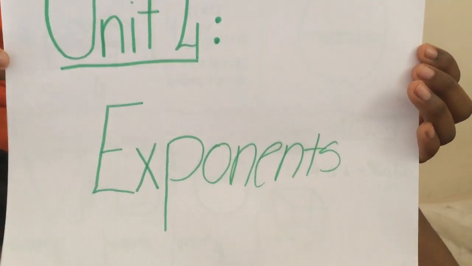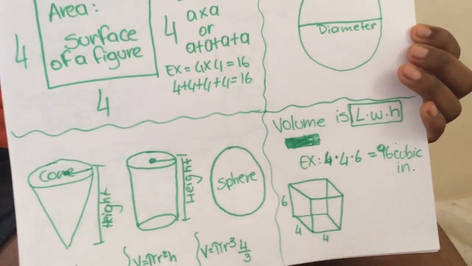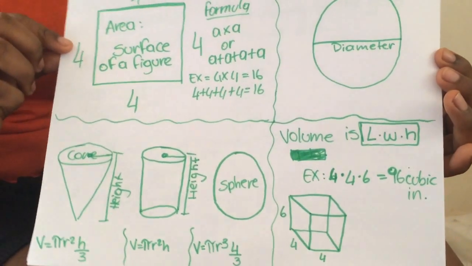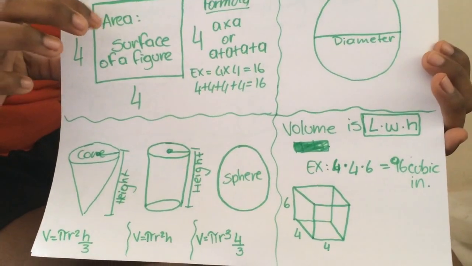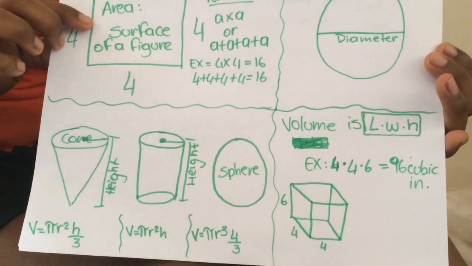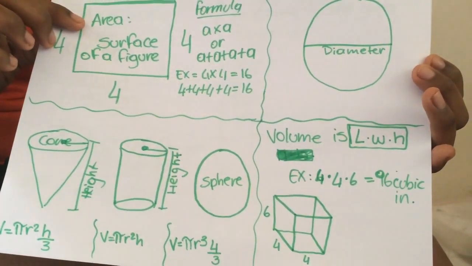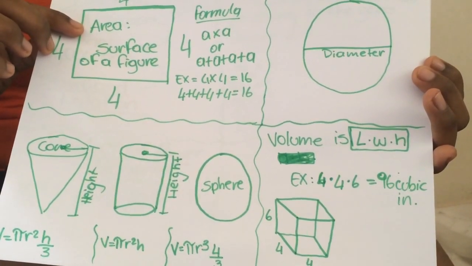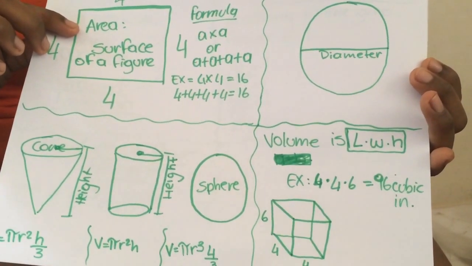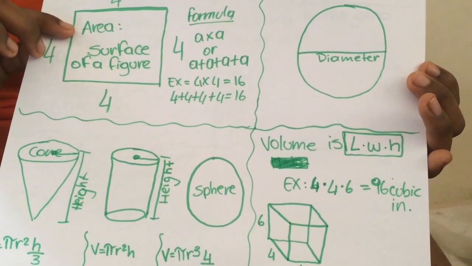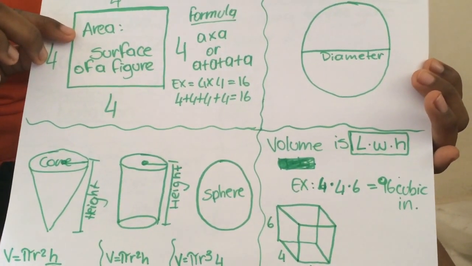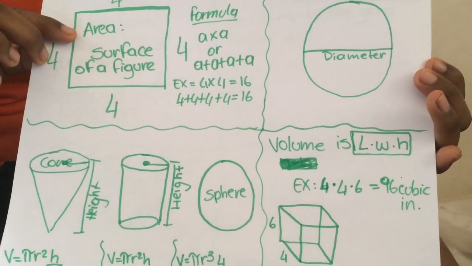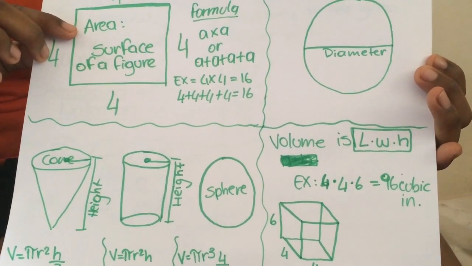Unit 4, exponents. Area is basically the surface of a figure. To find the area of a square, you do a times a, or a plus a plus a plus a. An example would be 4 times 4, which is 16, which is the area of the square, or 4 plus 4 plus 4 plus 4, which is also 16.